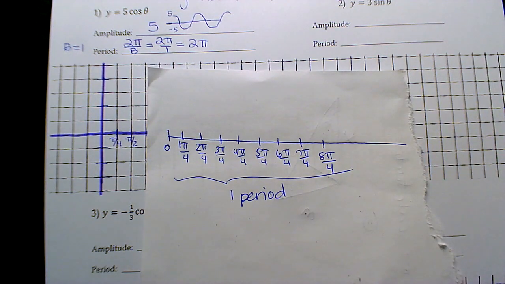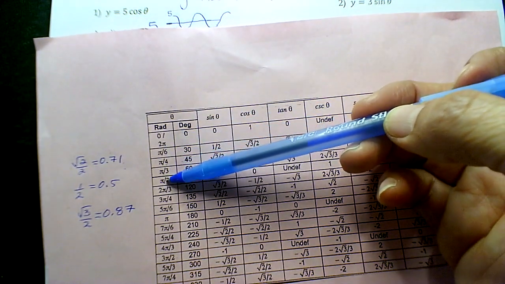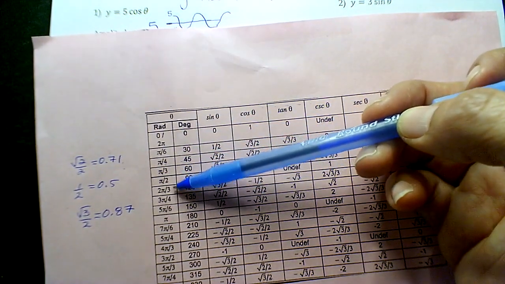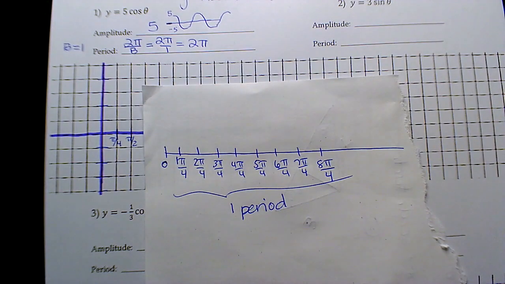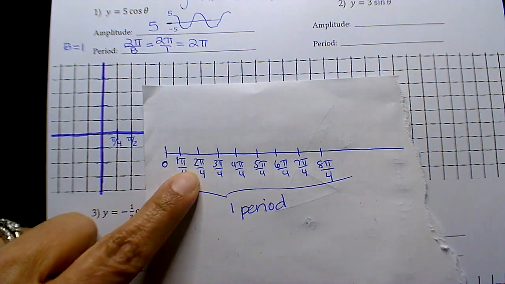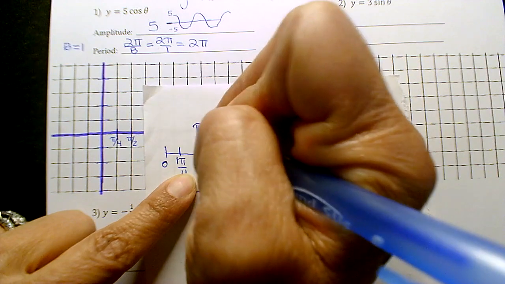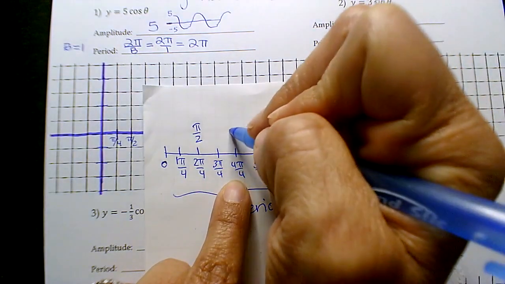Now, how do I know to stop at 8 pi over 4? You should be able to reduce. When you are looking at radians, why are there 3s and 4s and 6s? That's because you should know how to reduce. Pi over 4 is pi over 4, but what's 2 pi over 4? Pi over 2. 3 pi over 4, what's 4 pi over 4?